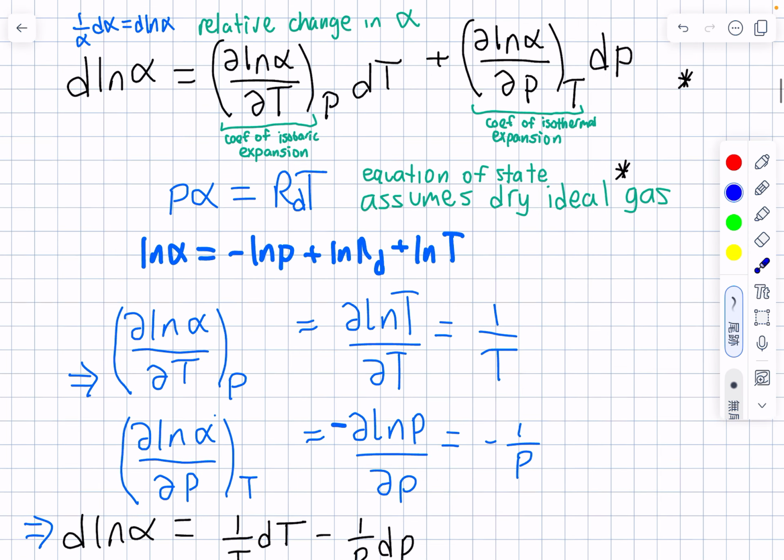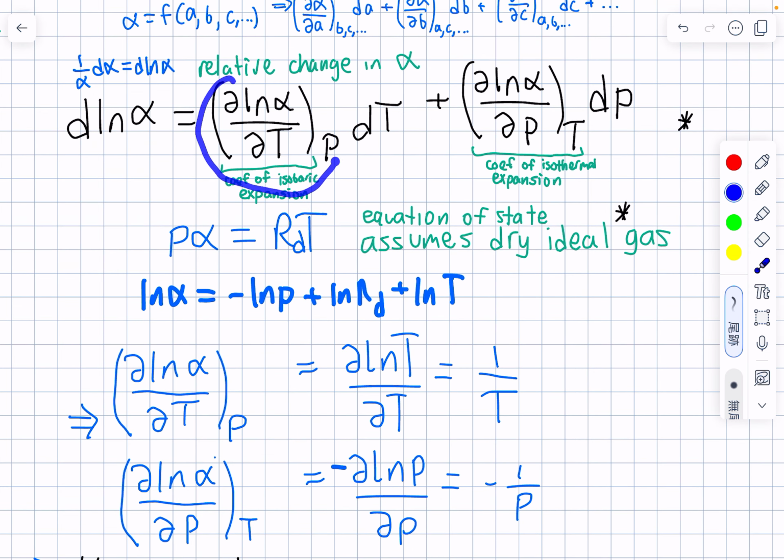Now we can try to solve for these two terms that were in this expansion up here. The first one is called the coefficient of isobaric expansion. Isobaric means same, iso, and baric is pressure, so held at constant pressure. And the coefficient of isothermal expansion is where temperature is held constant, thus isothermal.